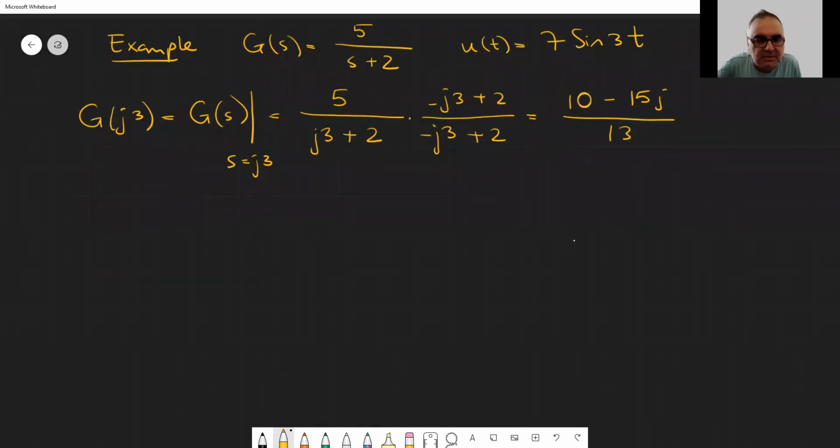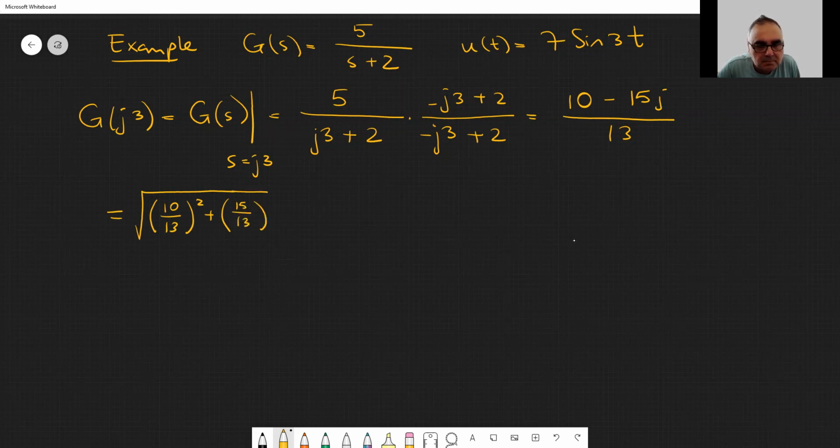Or you can write the magnitude as the square root of 10 over 13 squared plus 15 over 13 squared, and the angle as the tangent inverse of 15 over 13 divided by 10 over 13.